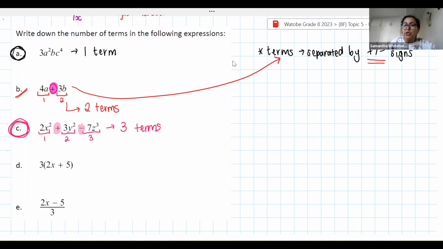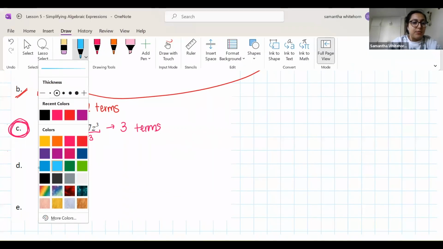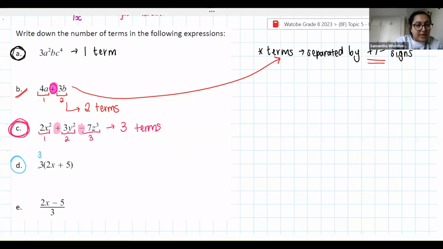Alrighty. So those are quite simple to start off with. But now it's when we get to the operations that we're going to deal with today that we need to be quite careful. So if we have a look at our next expression in D, what we have here is 3 times the bracket 2x plus 5.